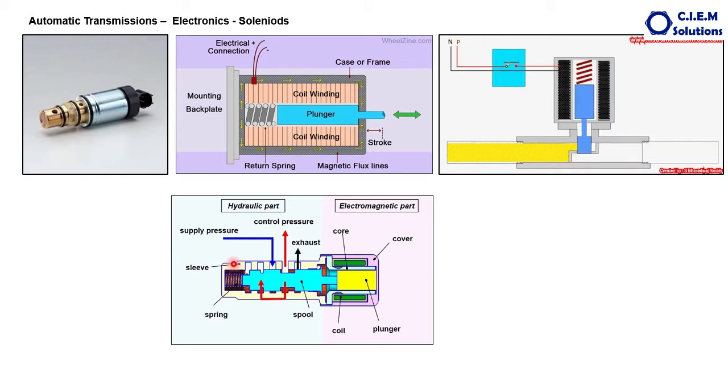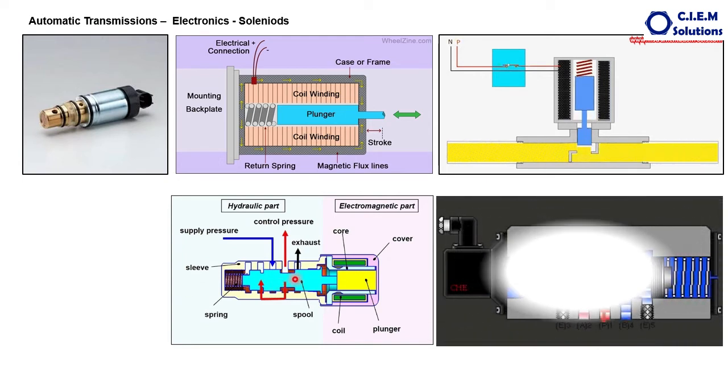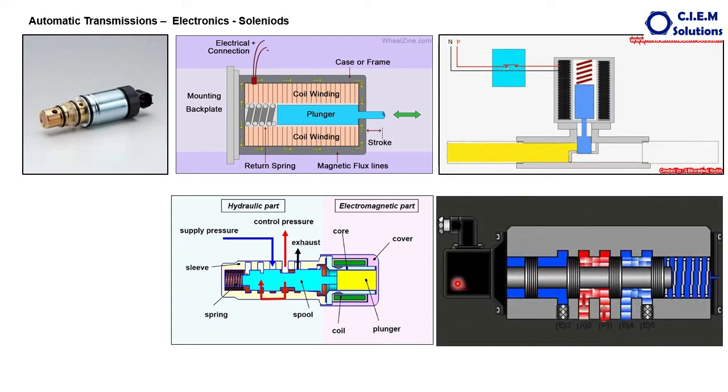This oil will go and actuate the mechanical spools which are located in front of this solenoid. You can see this is the oil. The oil comes from this spool and actuates this valve, again against the spring pressure. The movement of the mechanical spool depends on the amount of oil supplied by this solenoid, and the amount of oil supplied depends on the amount of opening of the solenoid.